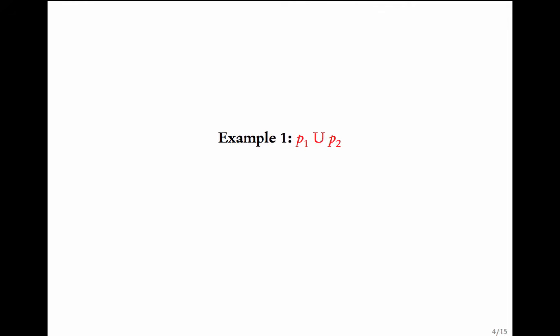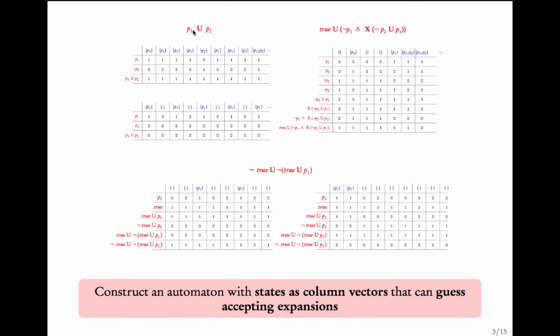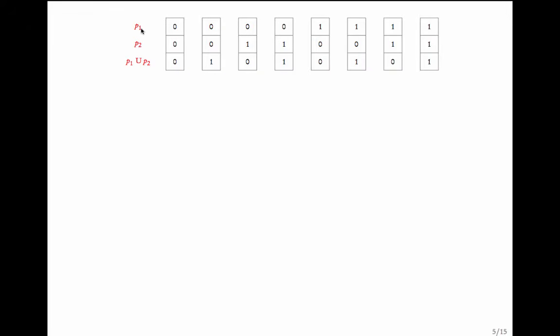Let's start with the example P1 until P2. What are the possible columns in the expansion of P1 until P2? The subformulae are P1, P2, P1 until P2, and each of them could be either 0 or 1. So in all, we have 8 possibilities for a column in the expansion.